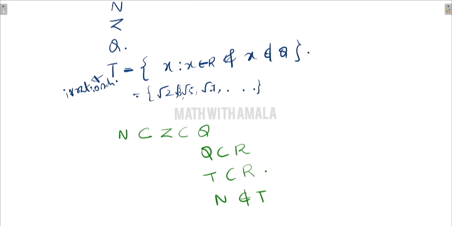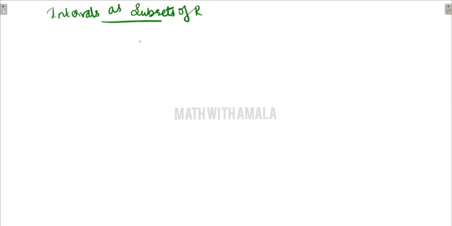N is a subset of Z, Z is a subset of Q, Q is a subset of R, then again T is a subset of R, and N is not a subset of T.